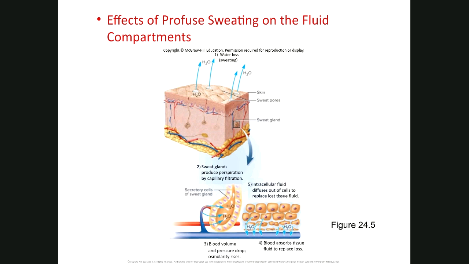But if the individual is still exposed to the heat, we will continue to lose water by evaporation. And if this circulatory system starts to get depleted, guess what? It will start to affect the fluid between cells, not yet the cells. The interstitial fluid will be the next compartment that will send water from that compartment into the circulatory system, which has turned osmotically high because it lost fluid.